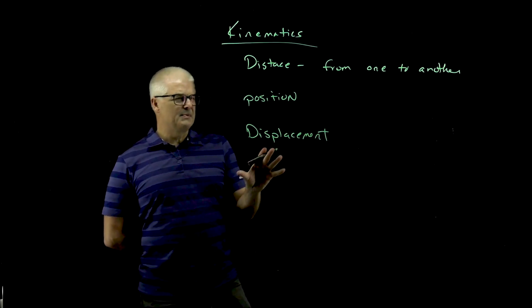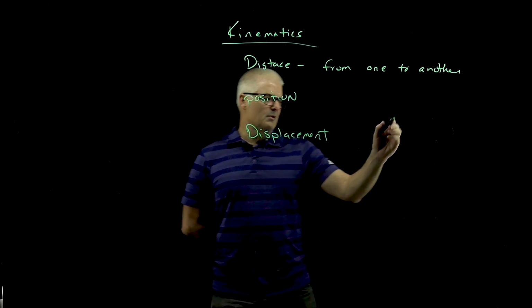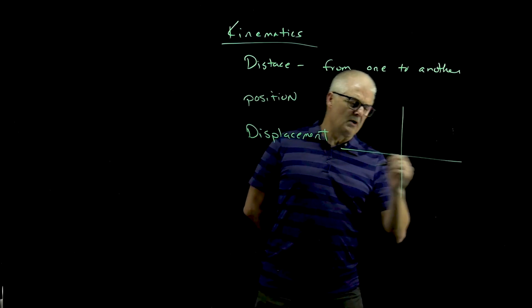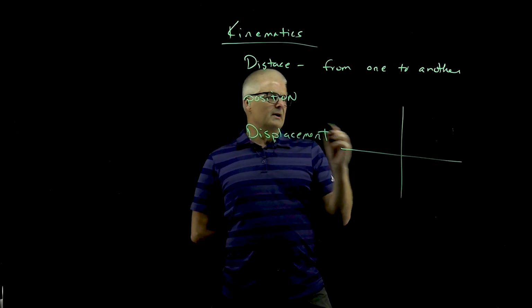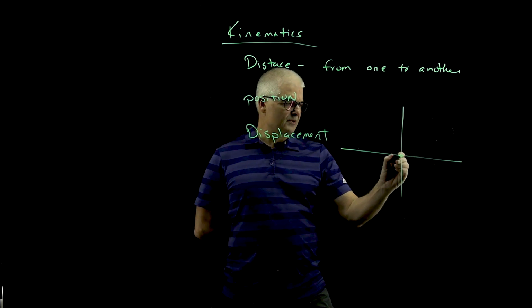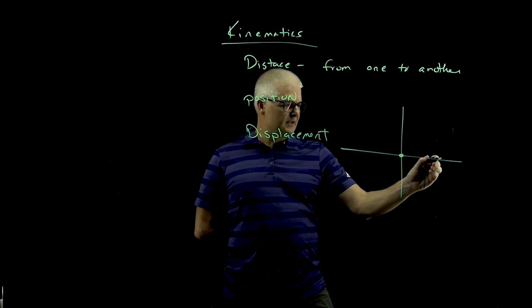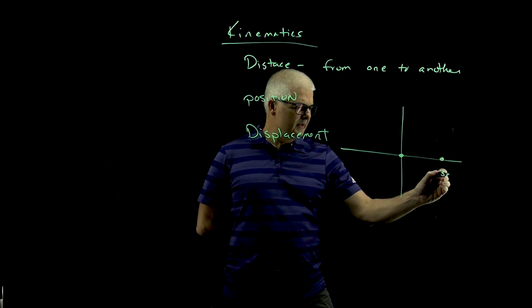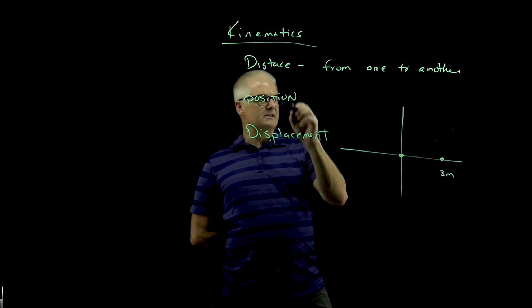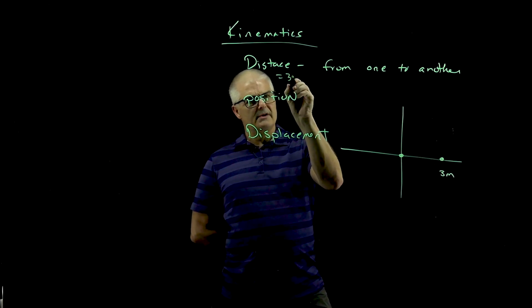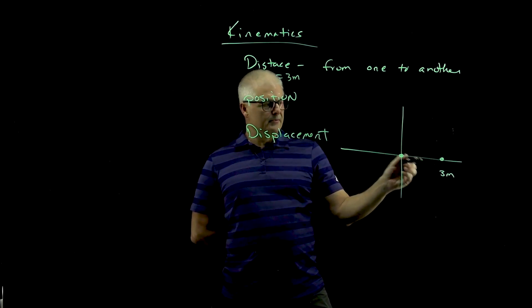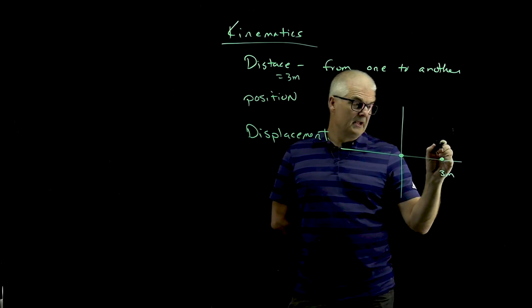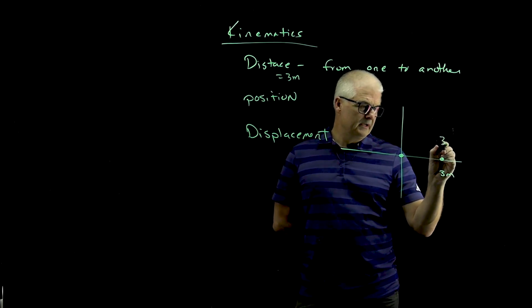It's best to just give examples. We're going to primarily work with the XY plane. If I have somebody here at the origin, and then they travel to here, 3 meters away, their distance is 3 meters. Their position, and this is more important, is (3, 0).